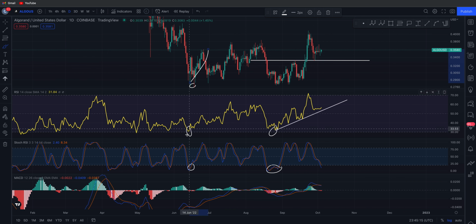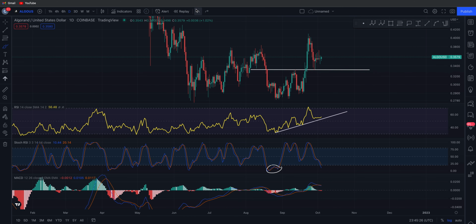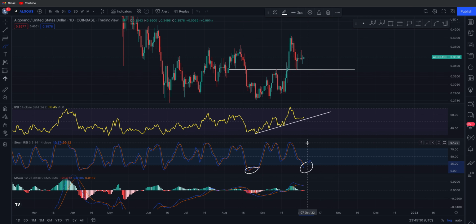Using the floor in the RSI, the Stoch RSI, and the MACD, you can see that you were due for some sort of upside, and that basically came. So it basically proves that when you're in these oversold areas within the RSI, these areas are actually good times to buy.